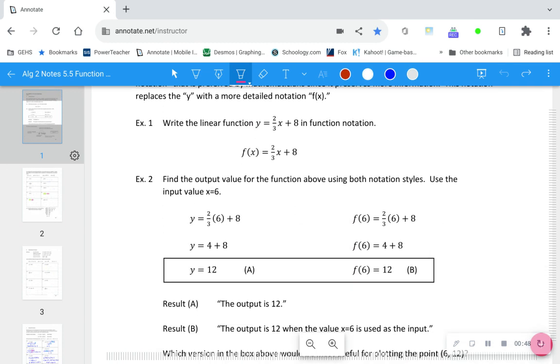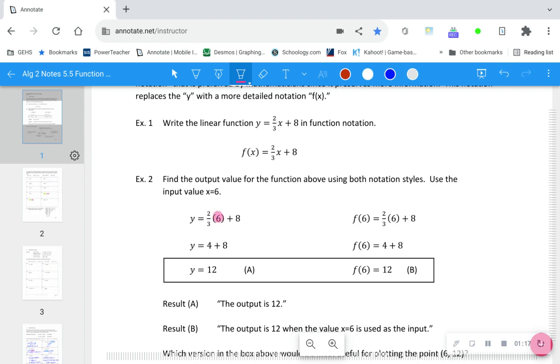The example I have here is a line with a slope of 2/3 that hits at 8. That's just y equals mx plus b, if you remember that from Algebra 1. And I have an example here using x equals 6. So you can see on both sides here that I'm doing the same work on the right side, taking 2/3 of that x value.